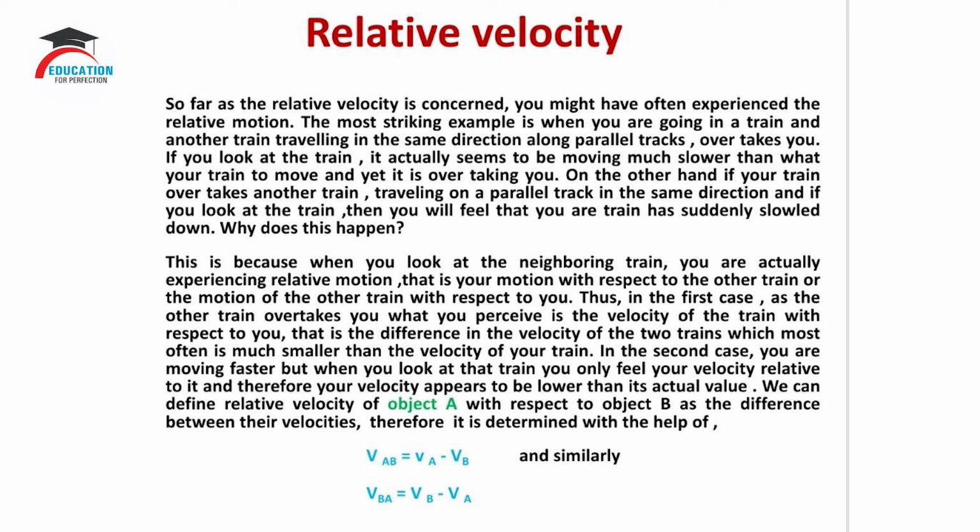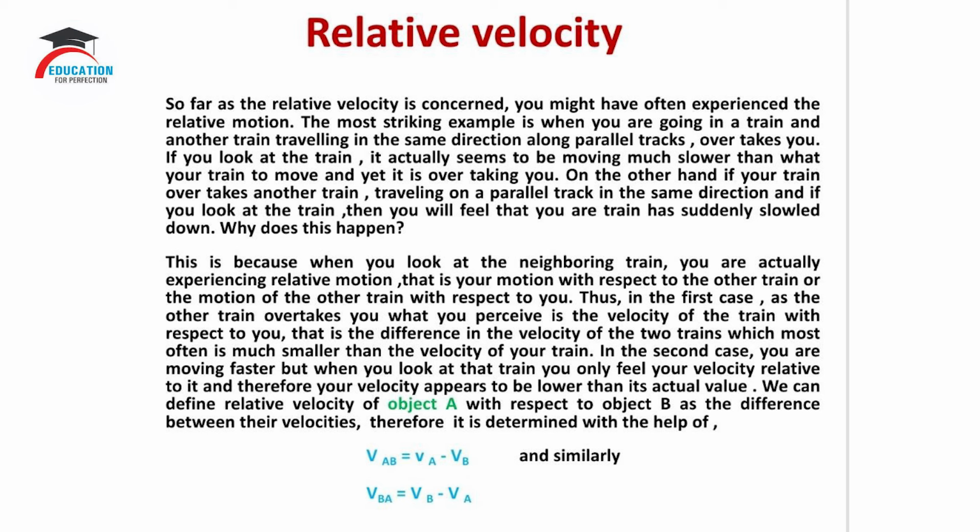That is the difference in the velocity of the two trains, which most often is much smaller than the velocity of your train. In the second case, you are moving faster, but when you look at the other train, you only feel your velocity relative to it, and therefore your velocity appears to be lower than its actual value.